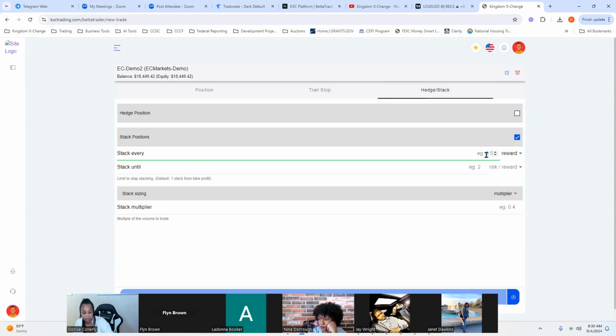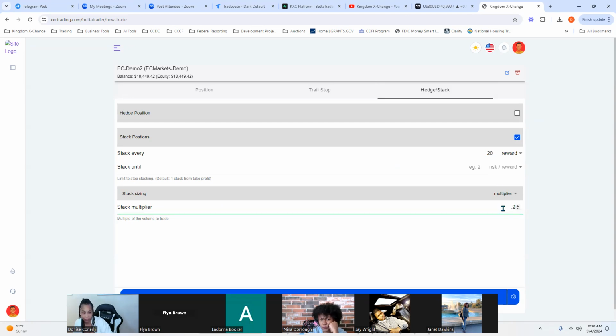Every time it goes 20 points into profit, I want you to add another 0.25. I want you to multiply it 1 times the original size. So that means it'll add another 0.25 position in.